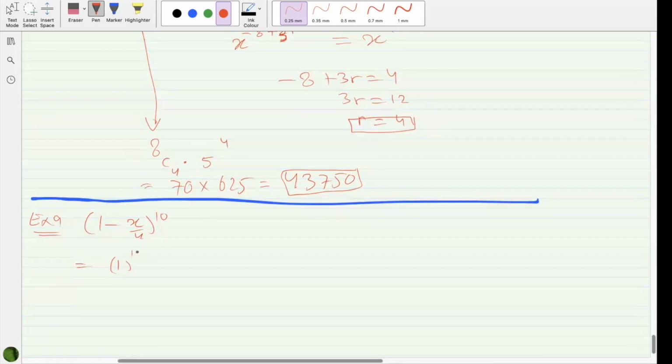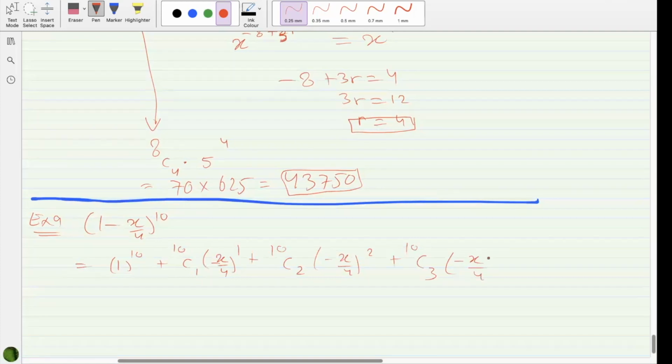First, plus 10c1. There's nothing in A, so we skip that. 10c1 b1 plus 10c2 b2 plus 10c3 b3.